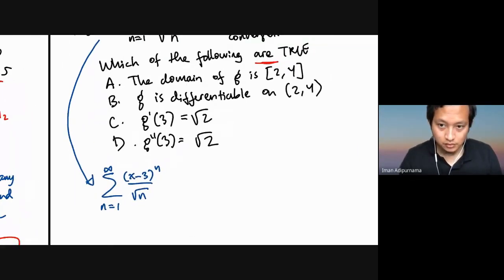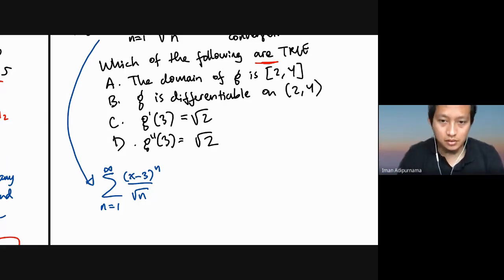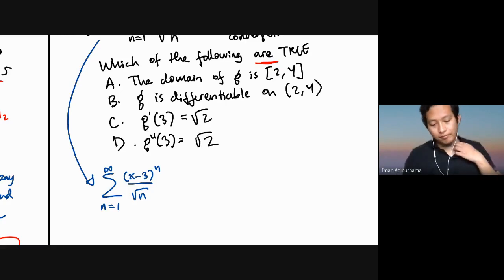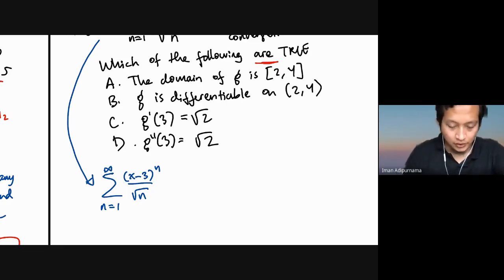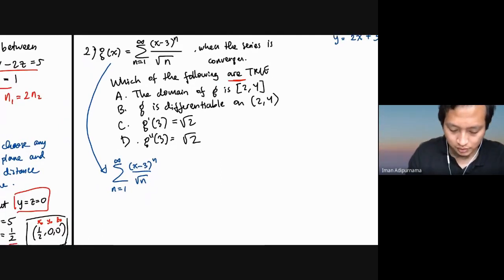Then the statement: g, the second derivative, g double prime of 3 is square root of 2. So, anyone solved number 2? What is the correct answer? Which of the following are true?